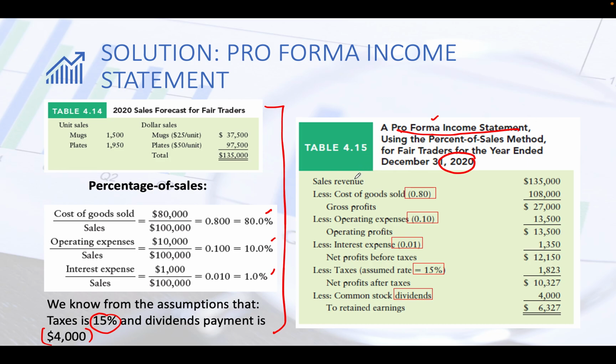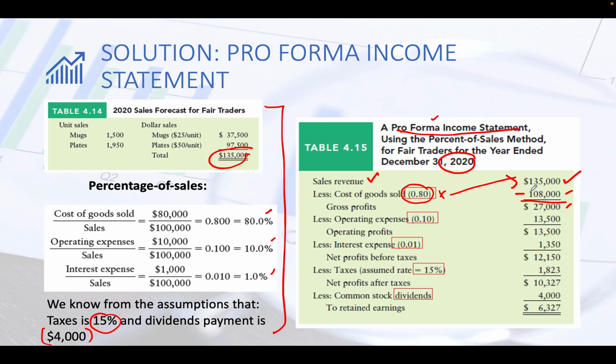Okay. So kita masukkanlah item dia, yang mana sales revenue dia dah beri, ini tadi 135,000. Okay. Cost of goods sold dia kata 80% daripada sale. Jadi 0.8 ni kali dengan 135,000 dapat 108,000. So ini adalah 0.8 kali 135,000. Okay. So campurkanlah, dapat amount dia.